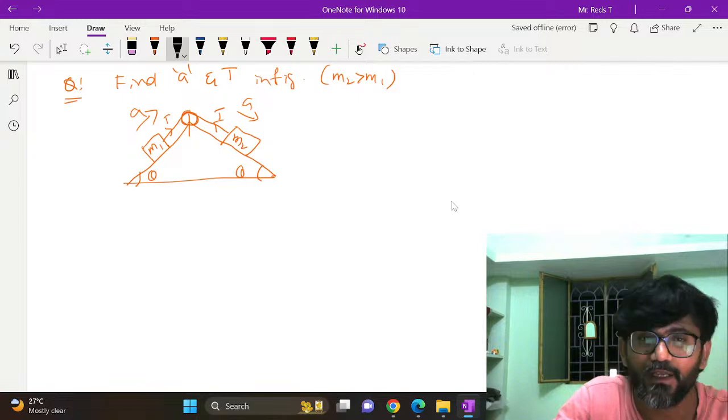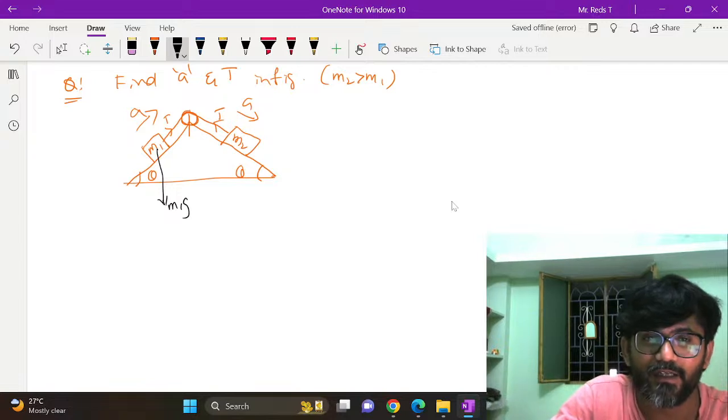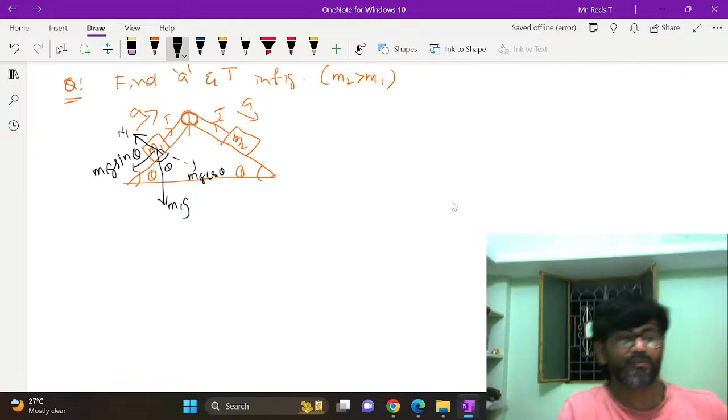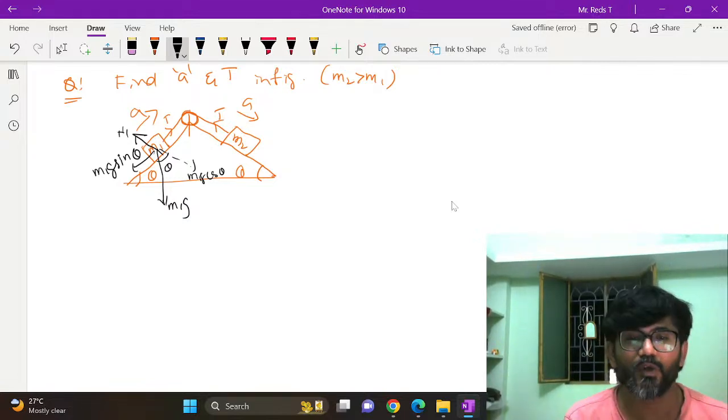Now let us say here M1G is acting downwards and the normal reaction is acting in this direction. For the first one, N1 you can take, and by symmetry this will be theta, and this will be M1G cos theta, and here we will get M1G sin theta. So take it step by step, then only you will understand.